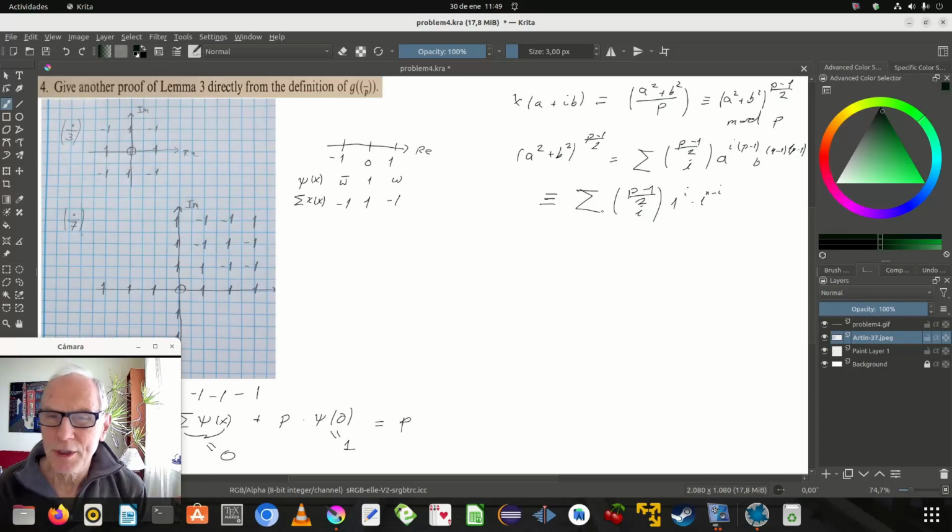Now we need to be precise, which ones do we sum over? And we sum, say, from i equals 0 to p minus 1 over 2. So we go up half the column and the real axis.